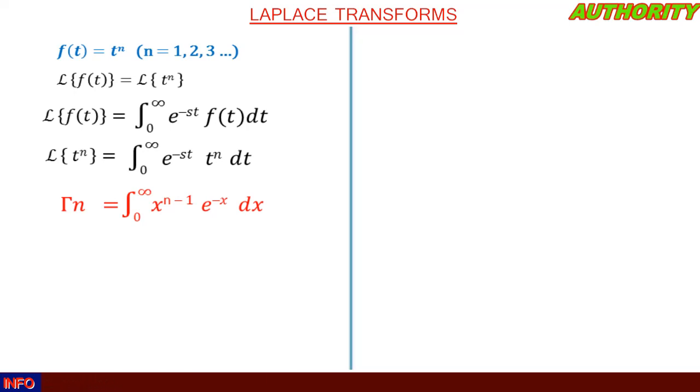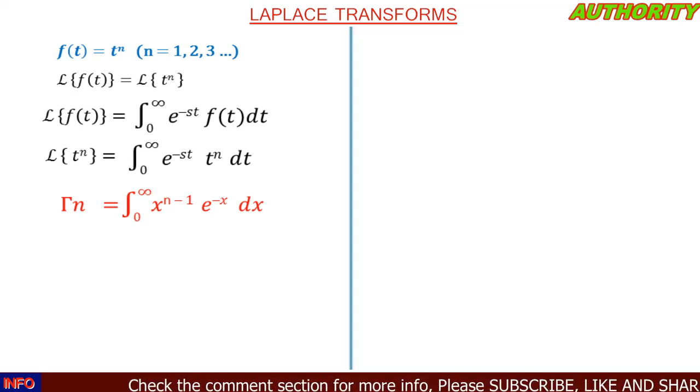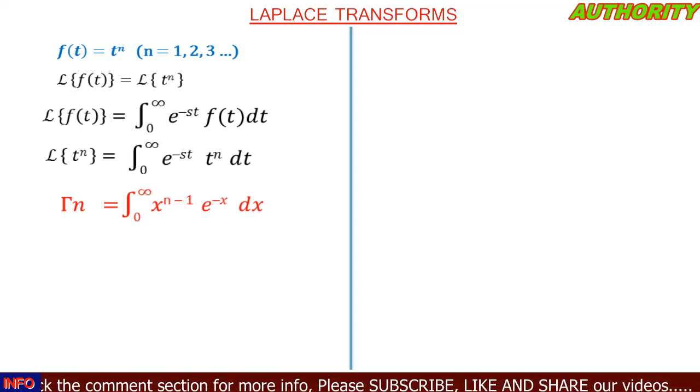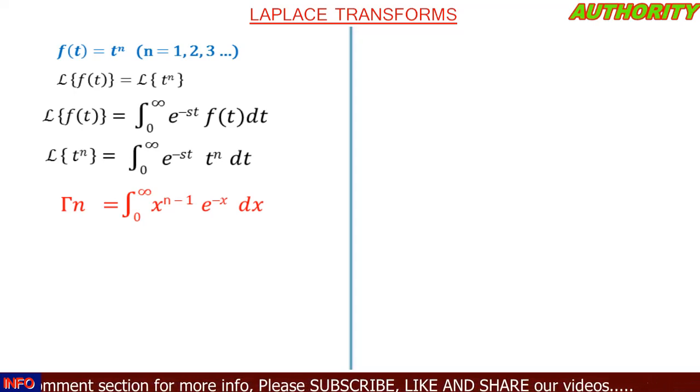When we say gamma function, gamma of n, it's talking about the integral from 0 to infinity x raised to the power of n minus 1 multiplied by e raised to the power of minus x dx. Please, we call this the gamma function. I want to introduce this to you. You are going to use it in a nearby future.